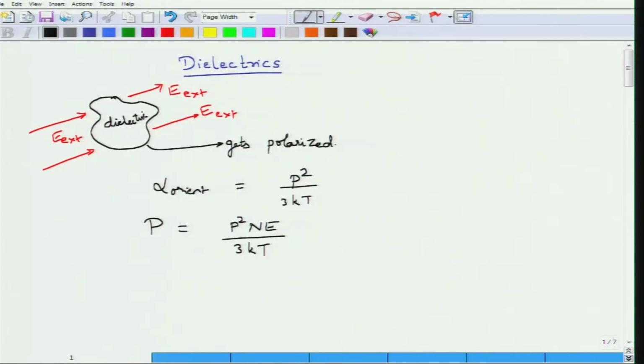Therefore, p into N would actually become the net dipole moment density. Of course, we are interested in polarization per molecule, which turns out to be simply p square E by 3kT. Again notice the linear dependence of the polarization on the electric field.